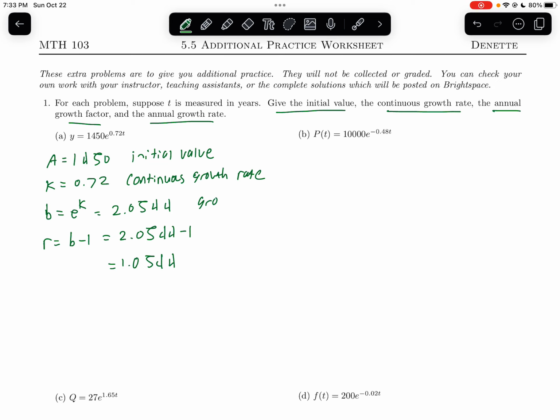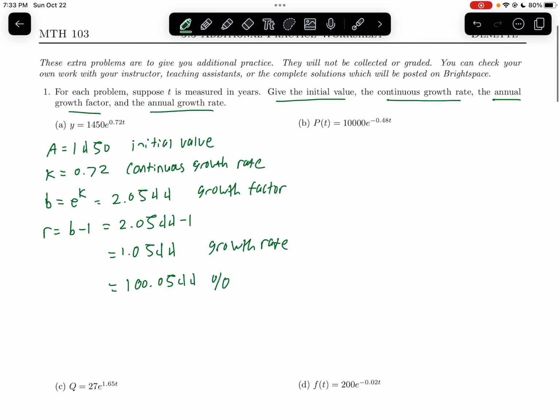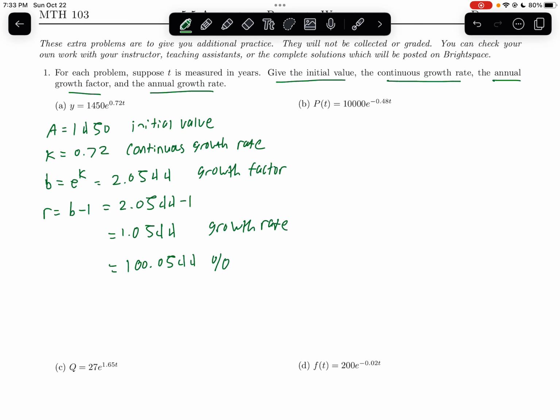So this is your growth factor, and this is your growth rate. And so this corresponds to 105.44% if you want to write it in a percentage. So it's right, it's just going really quick. Okay.